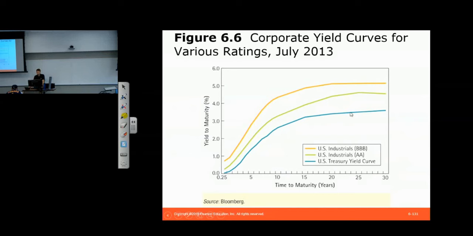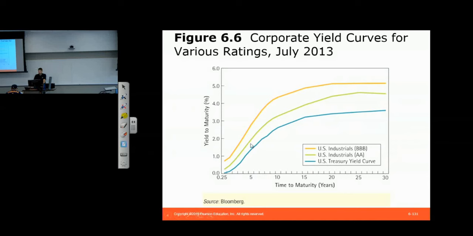Okay, the very lowest line, this blue one here, is the U.S. Treasury yield curve. So for a 5-year risk-free U.S. Treasury, the market is demanding, I don't know, 1.2-ish, 1.3%, somewhere in there. So if you were to buy a 5-year U.S. Treasury security, you would earn 1.2, 1.3%.